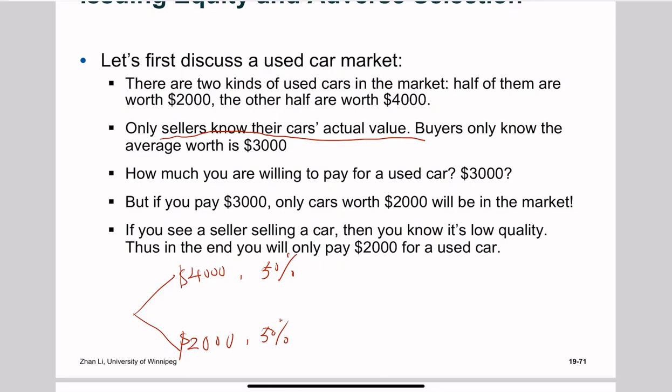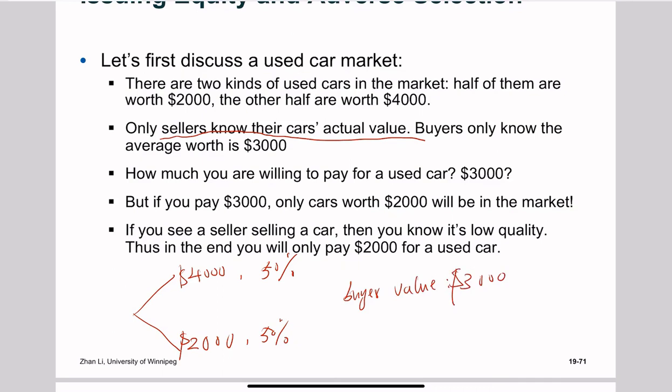The best that they can do is to calculate the average, right? So buyers will just put an average value on a car in the market. What is the average here? Well, it's obviously 4,000 times 50% plus 2,000 times 50%. So the buyer's value would be just $3,000.